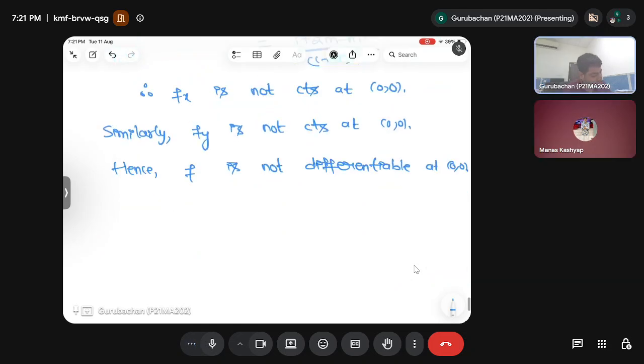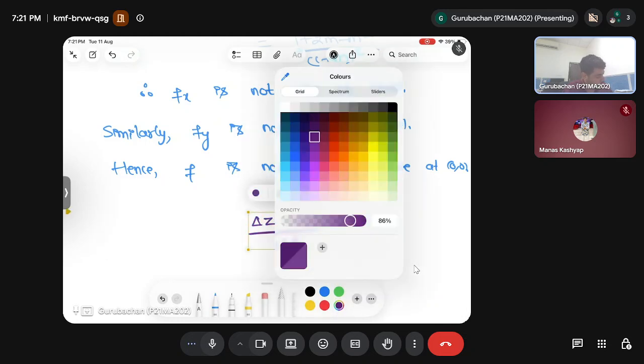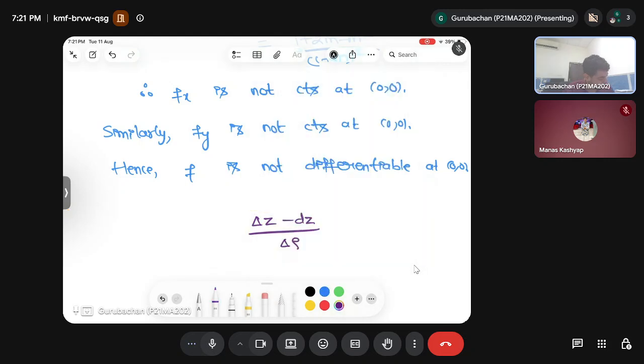So the limit differentiability test says that delta z minus dz divided by delta rho, if this goes to 0, let me write in the limit sense, limit delta rho tending to 0, this going to 0, so the function is differentiable. So differentiability is guaranteed with this test also.